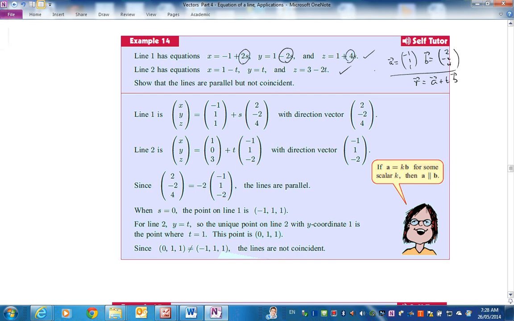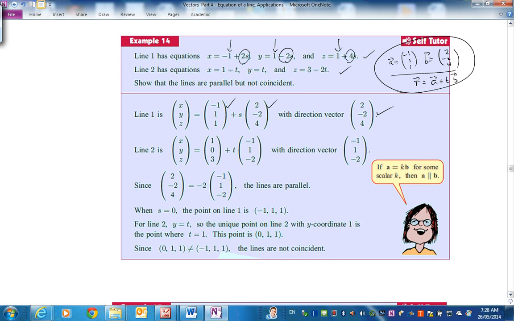So, show that the lines are parallel but not coincident. Okay, so let's have a look, and they have reconstituted the equation, just like we're saying over here. Can you work out that these are the components of the initial position vector of the point on the line? And so it's got a direction vector (2, -2, 4).